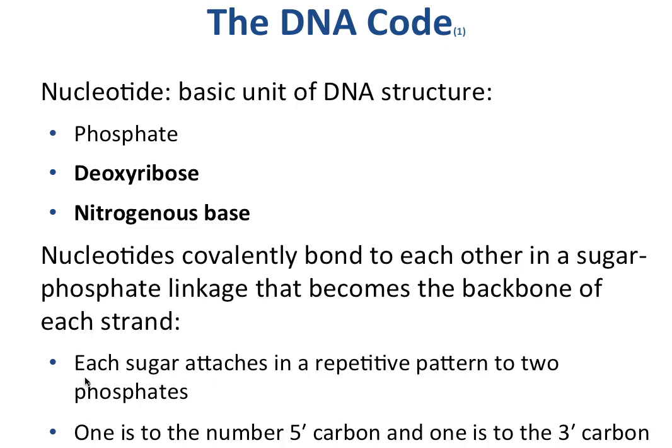In the backbone, each sugar is attached to two phosphates. One can be attached to the 5 carbon, and the other to the 3 carbon. The attachment to the 5 carbon or the 3 carbon makes the direction of the DNA strand.